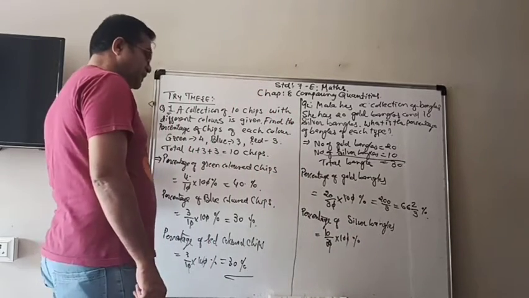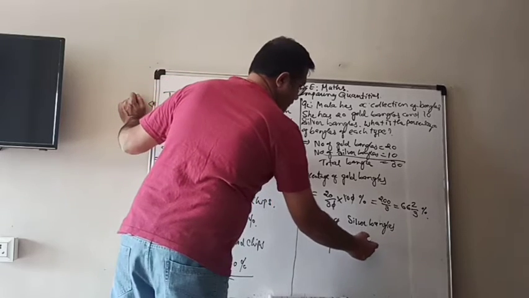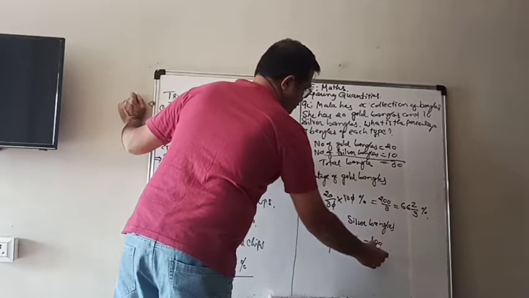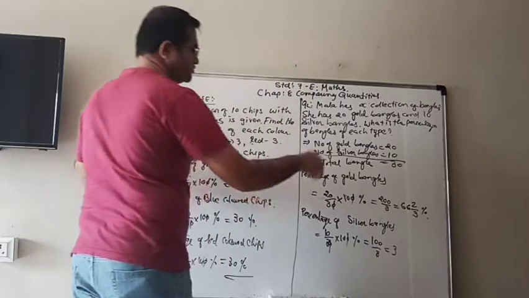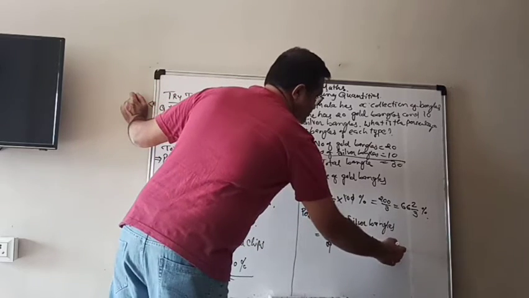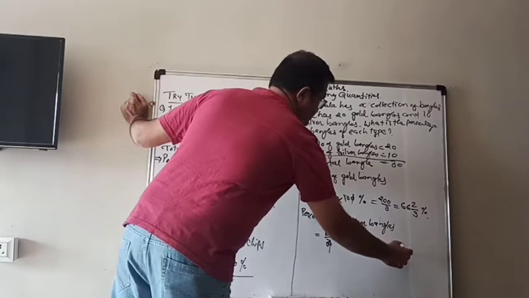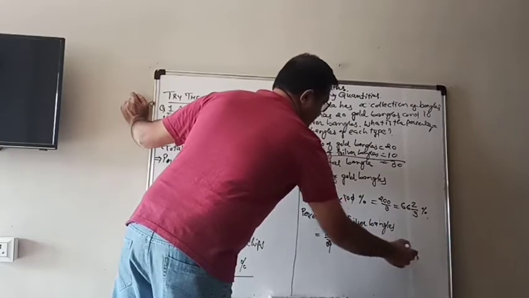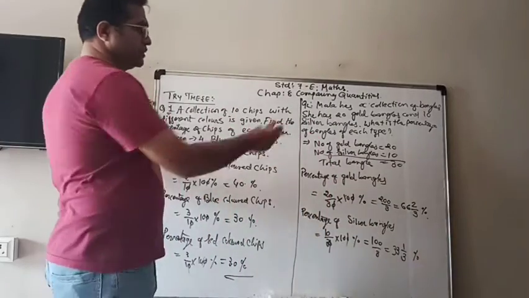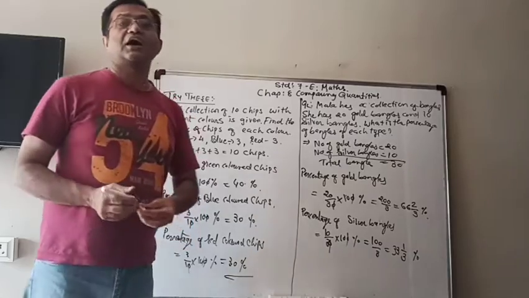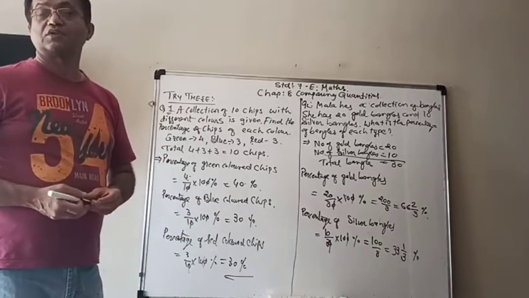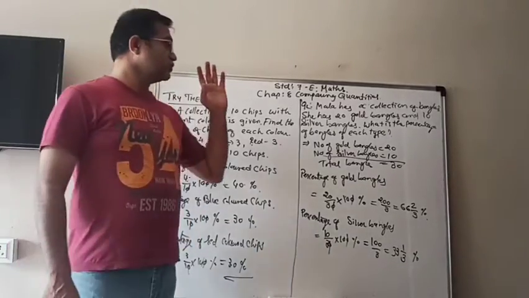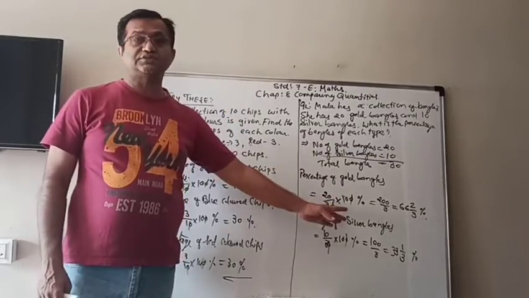So that is 10 upon 3. 10 tens are 100 upon 3. So 3 3s are 9. 33 integer 1 upon 3%. Now if you make the total, it will be 100%. So this way you can find the percentage.